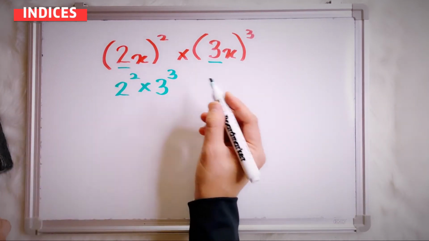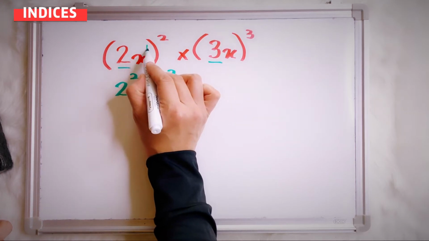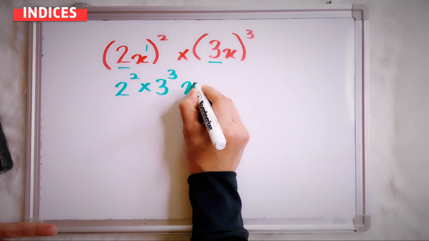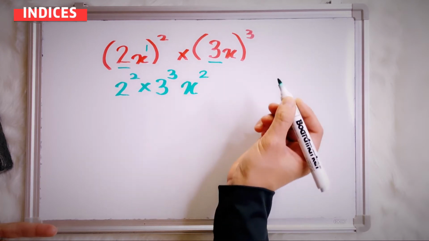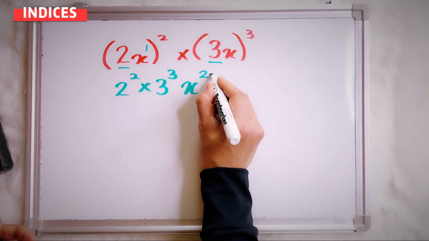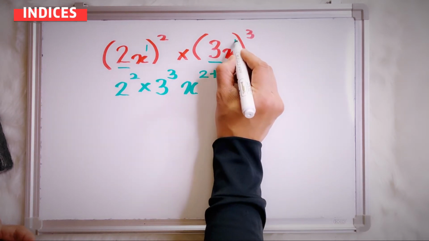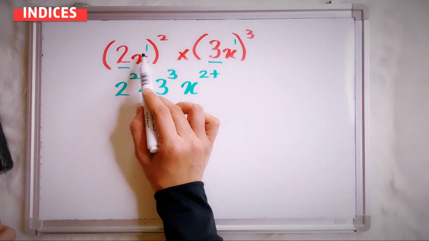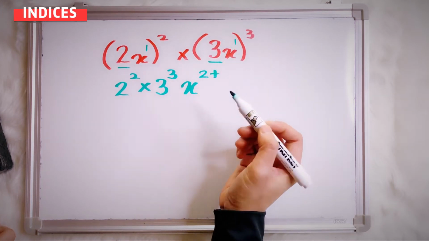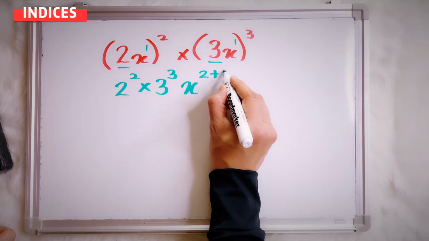So now x, this is 1. So 1 times 2, that means x power of 2. So now remember, multiply you have to plus. This one also means 1. If you don't see any number on top of x, that means it is 1. So 1 times 3, it means 3.